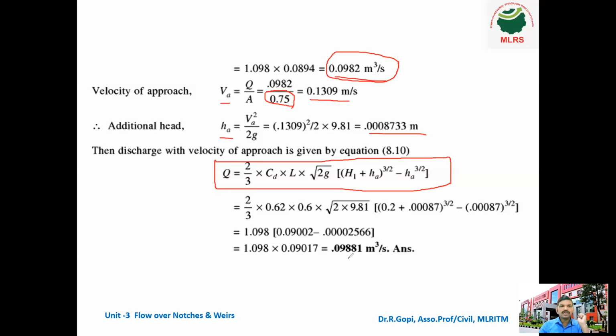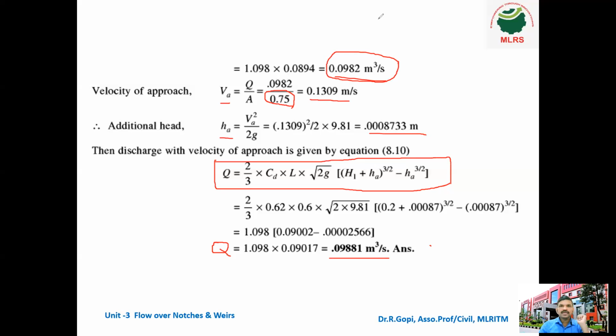Finally we got a final discharge of 0.09881. This discharge considers the velocity of approach.